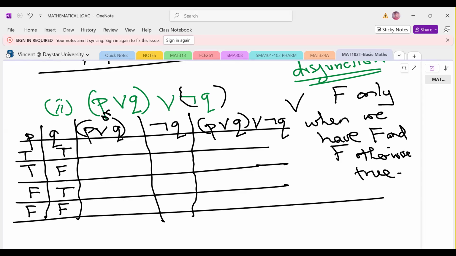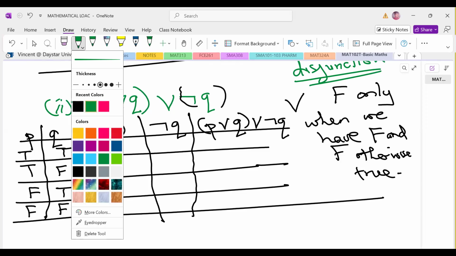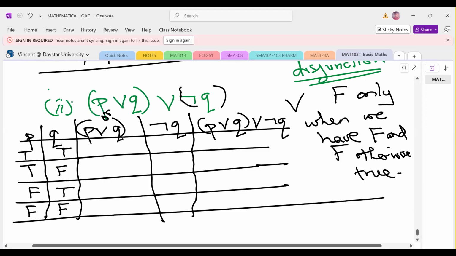So true or true gives true. True or false? True. False or true? True. False or false? Of course, false. Okay.